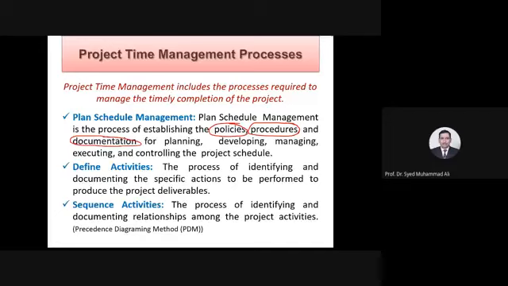Okay, let's move further. So, first thing is that it is not necessary that policy is defined by government. For example, you are working in a private company and you are the project manager, and you are constructing the tallest building in Islamabad. It's a project worth 5 billion rupees, for example, and you are the project manager.